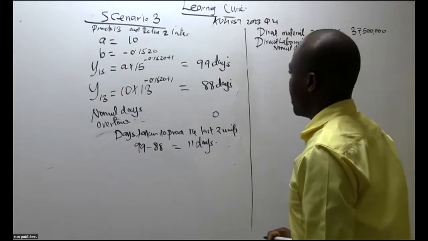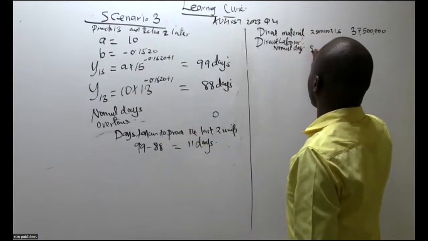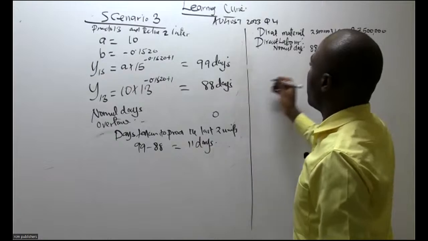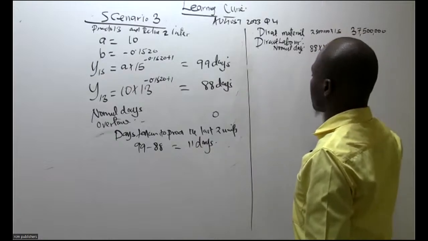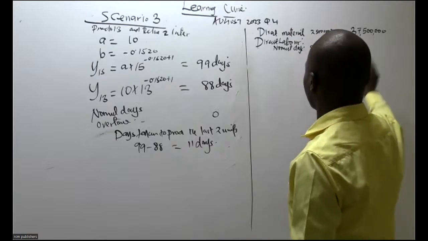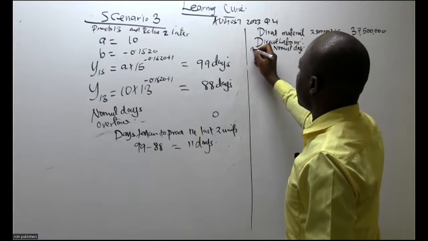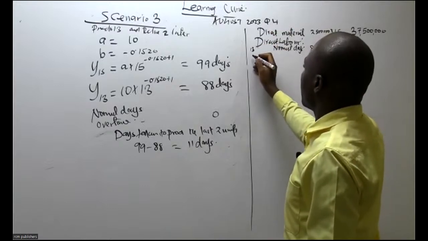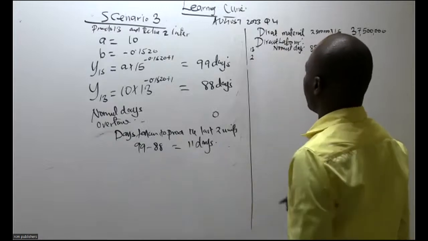It is per day. So the number of days of producing the 13 units is equivalent to 88. And because it is within the normal days, we multiply by the normal rate. So somebody to post for us the answer there. That is for the first 13 units. Then the last 2 units, they are taking 11 days.